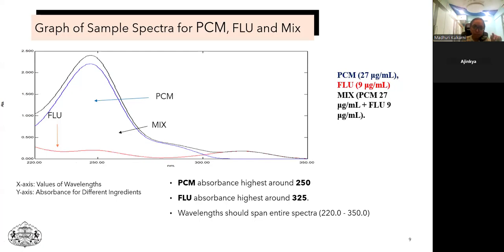The PCM curve is much closer to the mixture curve when the wavelength is less than 300. But when the wavelength is more than 300, the absorbance of PCM reaches 0, whereas the absorbance of flu is the same as the absorbance of the mixture. So this information was used, and accordingly the regressors or the columns were selected.